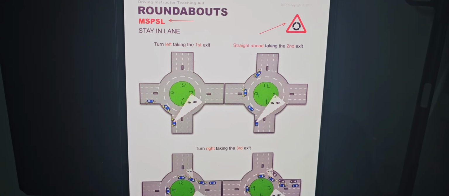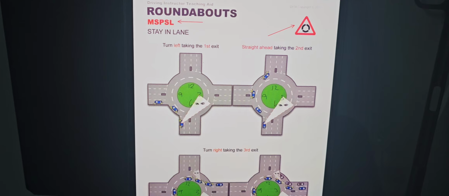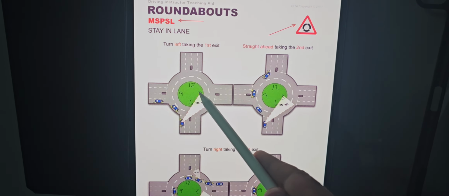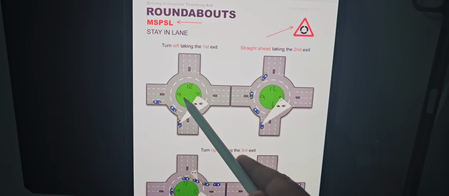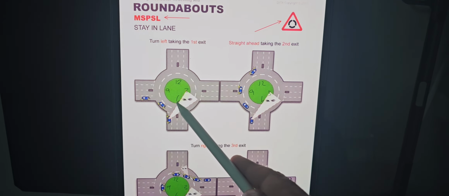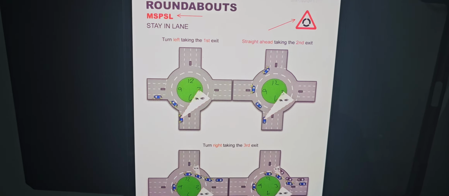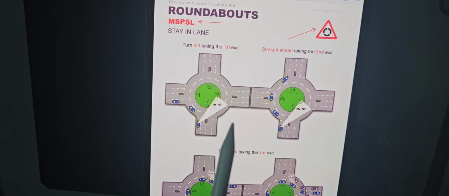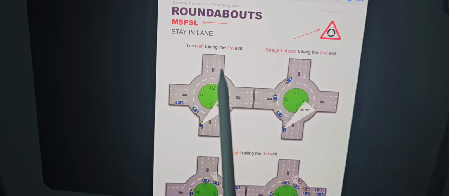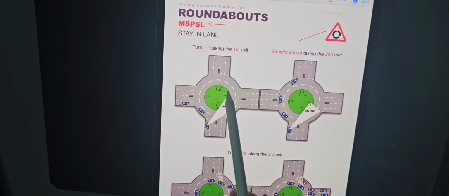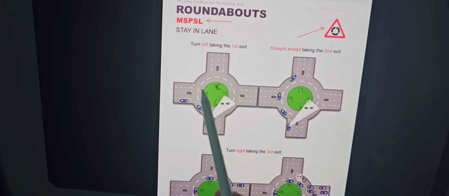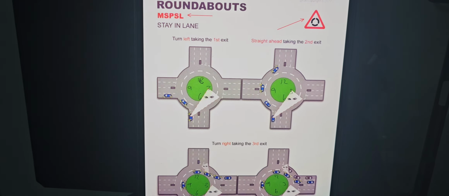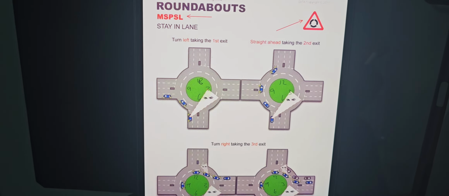So by looking at the numbers, if you imagine the roundabout as a clock face, you've got 12 o'clock, 3 o'clock, 6, 9. So 12, quarter past 12, half past 12, quarter to 1. The easiest way to remember the roundabout positioning is any exit that you are taking at 12 o'clock or before 12 o'clock, you would position your car in the left lane.